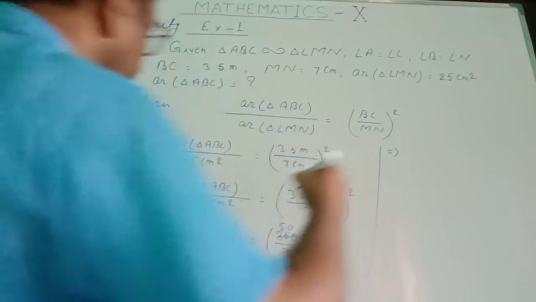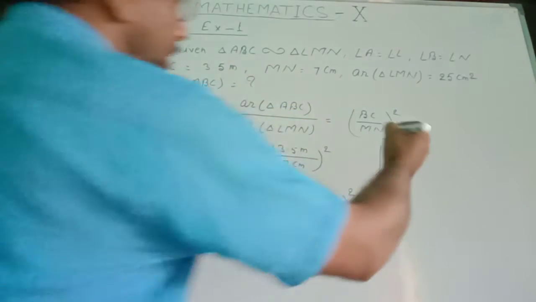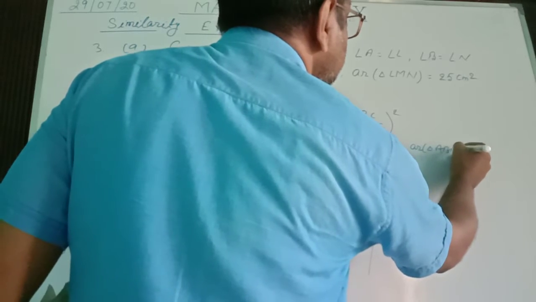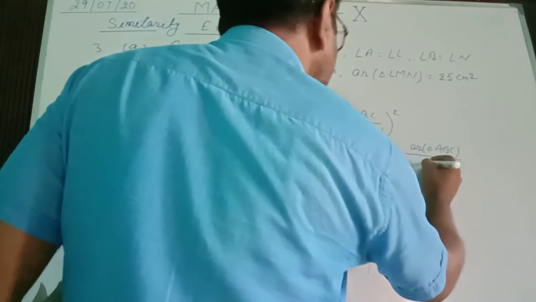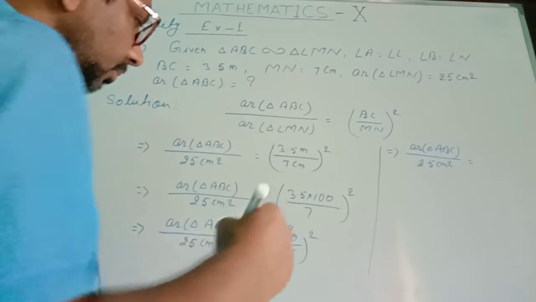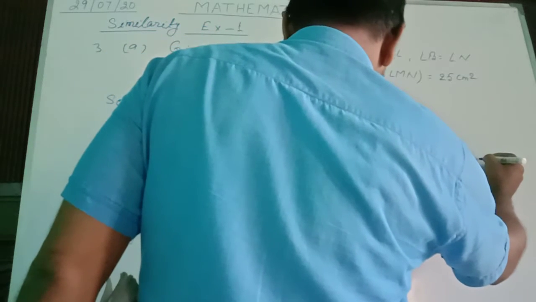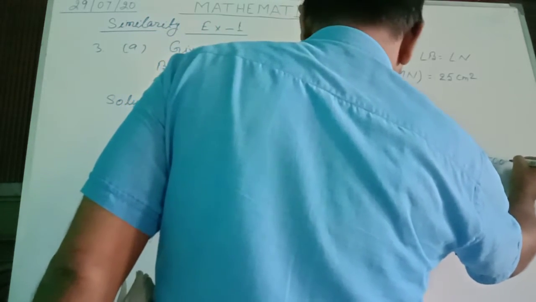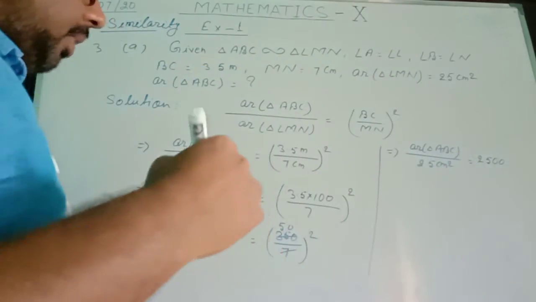In this part of solution implies that area of triangle ABC by 25 centimeter square equal to, this became 5 5s 25, 100 by 1.